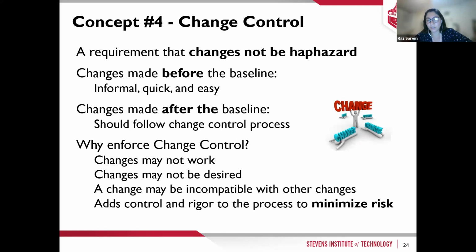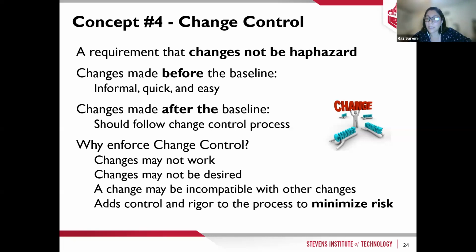Then we have a change control. Any requirement that changes should not be haphazard. So the changes that we make before the baseline are easy. Why? It's not formal. We just decided to try, see if it's working better.